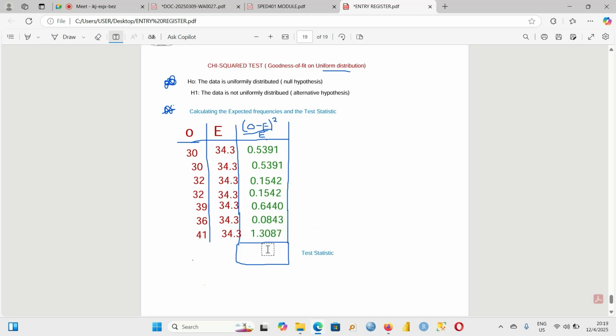Let me add 0.5391 plus 0.5391 plus 0.1542 plus 0.1542 plus 0.6440 plus 0.0843 plus 1.3087. I'm getting my test statistic, 3.4236.